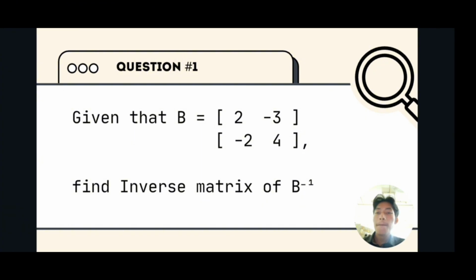Question 1. Given that B equals the matrix with rows 1, 2 and negative 3, negative 2, 4. Find the inverse matrix of B, B inverse.